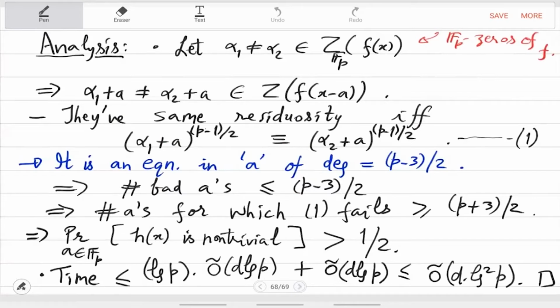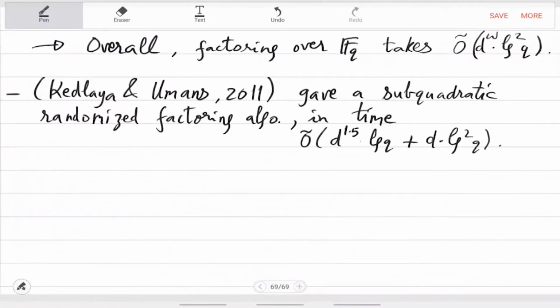Time complexity is linear. It is d log square p. But then this is after pre-processing. Include pre-processing, etc. Then overall we have solved factorization over any finite field in subcubic time, and the best that is known is subquadratic.